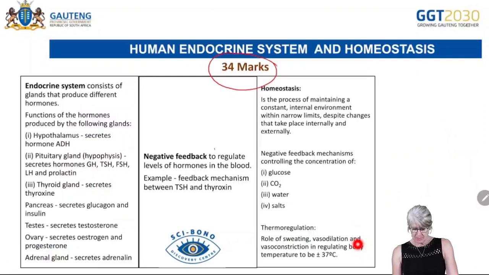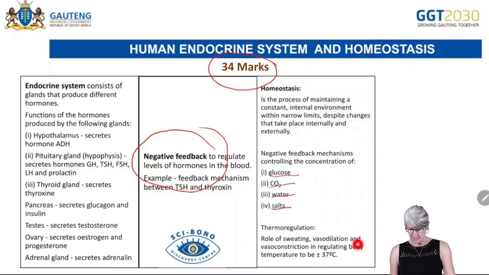Then we also need to know about a negative feedback mechanism, and then homeostasis. Some of the aspects or functions of homeostasis, such as glucose regulation, CO2, water, and salts, we learnt in grade 11. So basically it's just a revision of your grade 11.